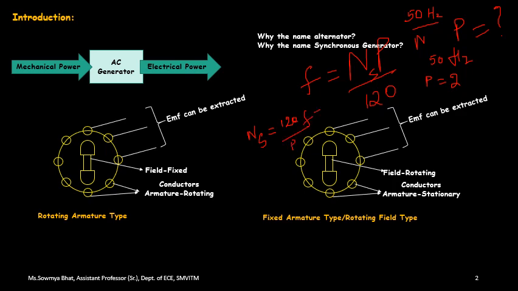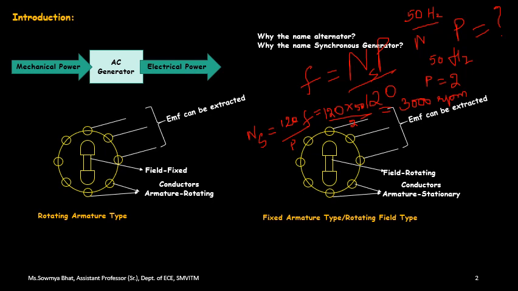In this case, for a 50 hertz design, it is 120 into 50 divided by the number of poles, which is 2. If I calculate it, I obtain around 3000 rpm. So it will be equal to 3000 rpm.